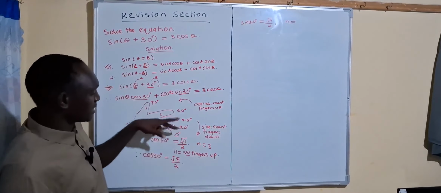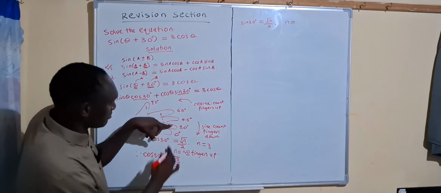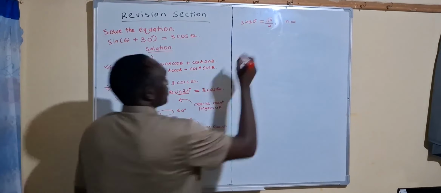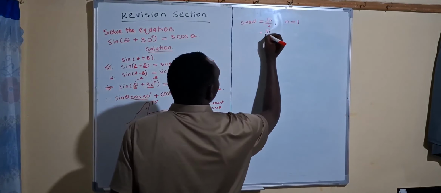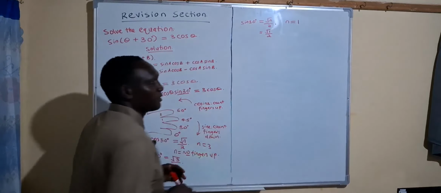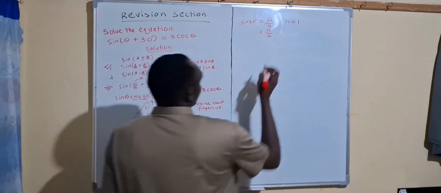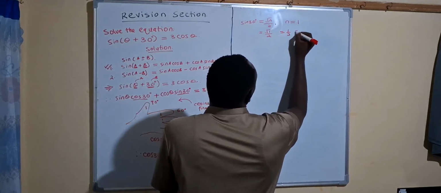The angle is 30, and we don't count the finger pointing to the angle, but we count the fingers below, which is 1. So our n is 1. This gives us root of 1 out of 2, but we know that root of 1 is 1. So sine of 30 is actually a half, or 0.5.